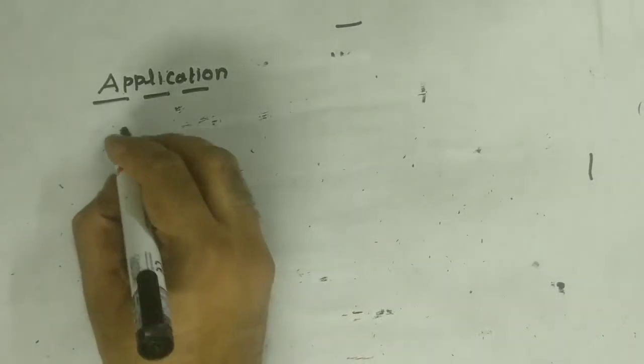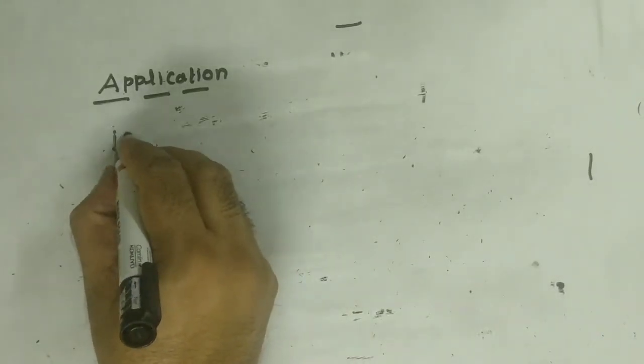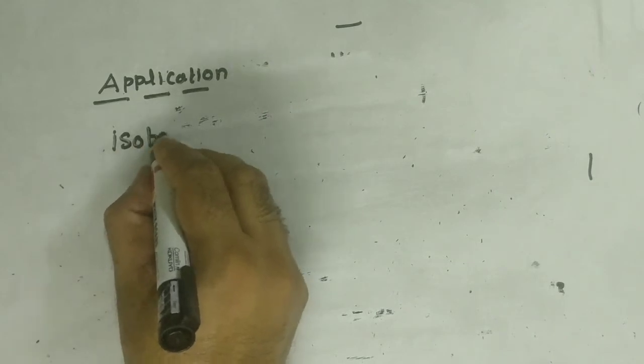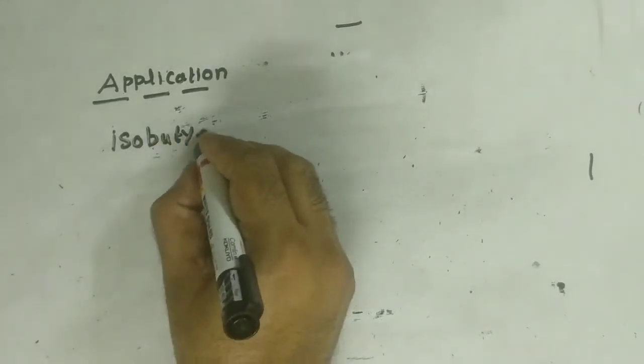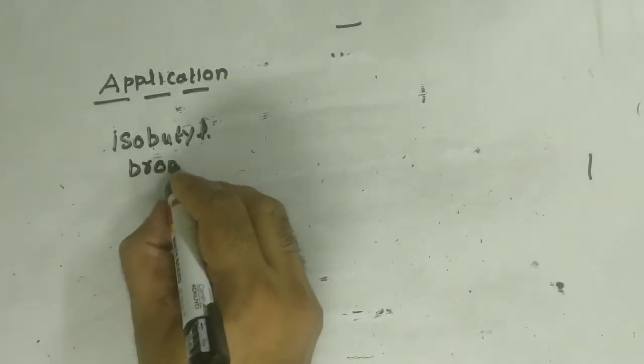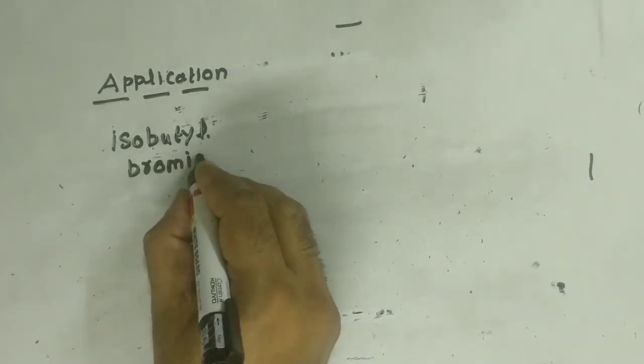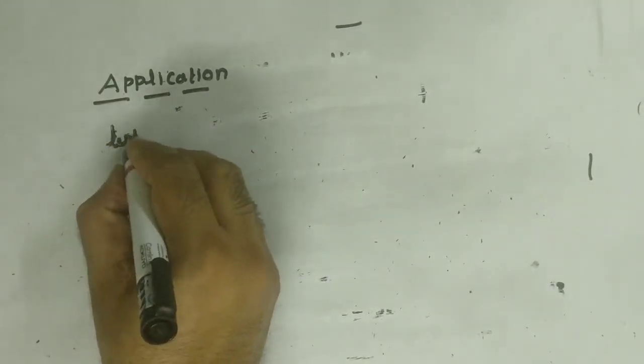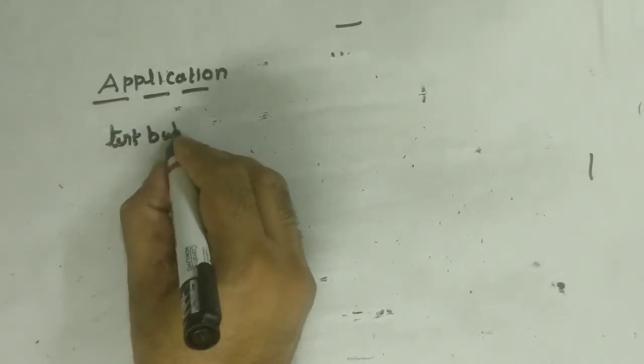The question says we have to convert tertiary butyl bromide into isobutyl bromide.